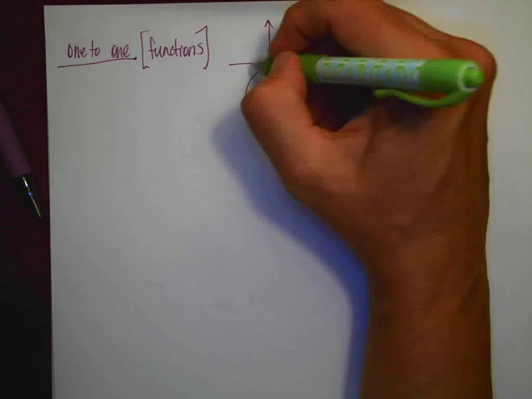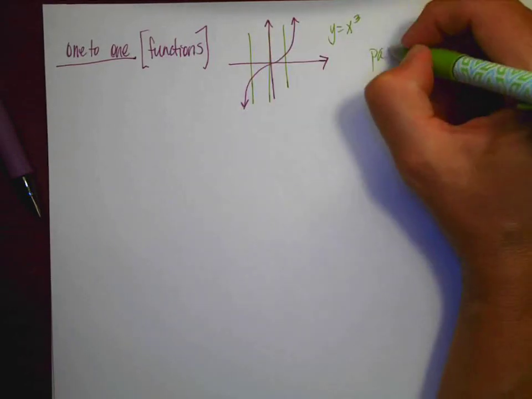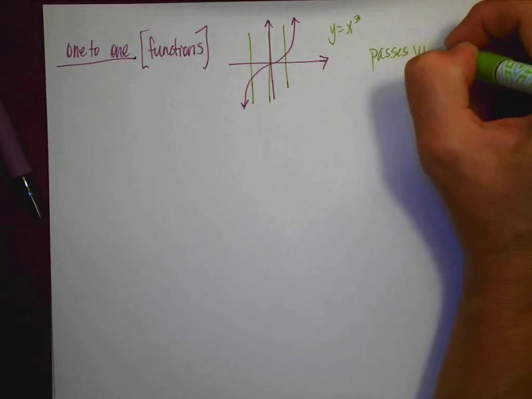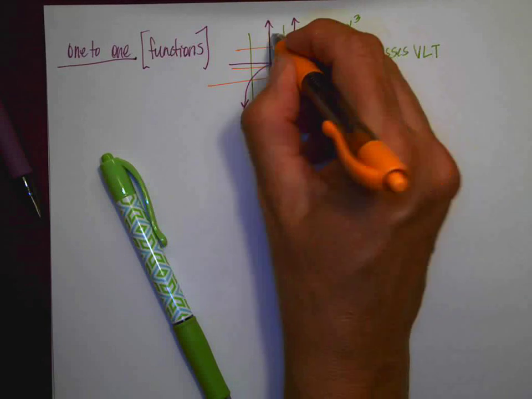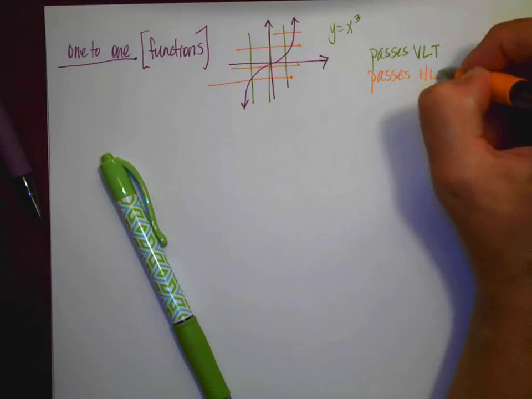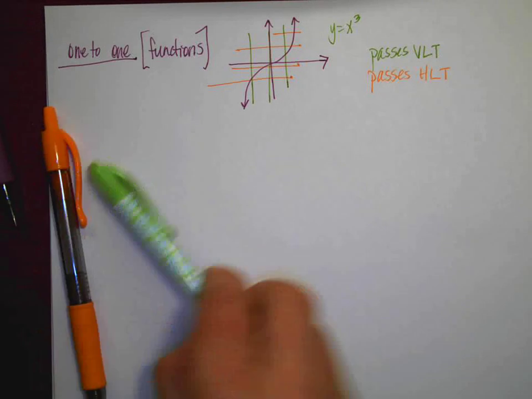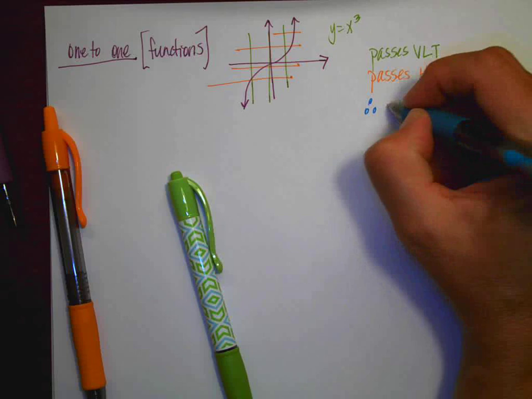Notice that the graph y is equal to x cubed passes the vertical line test. So I'm going to write that it passes the vertical line test, and it passes, ooh, look at all those cool colors. It passes the horizontal line test, which means that the function is therefore one-to-one.